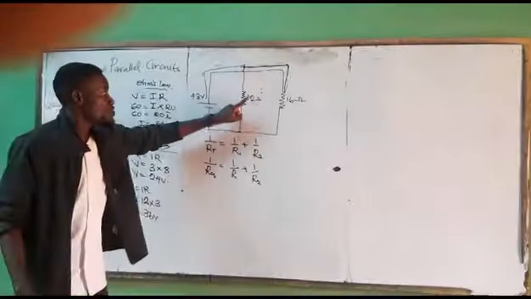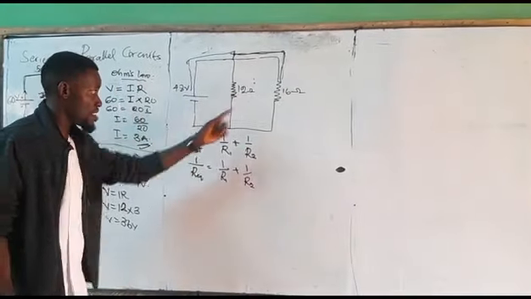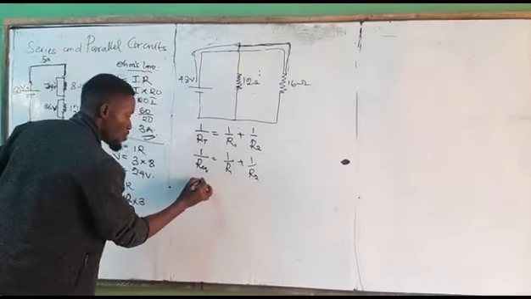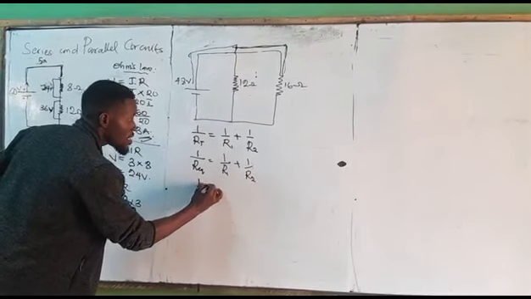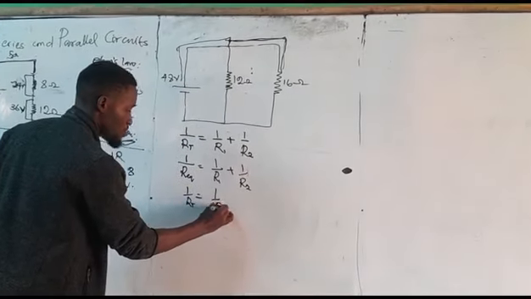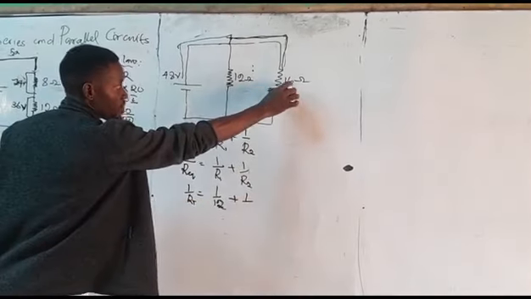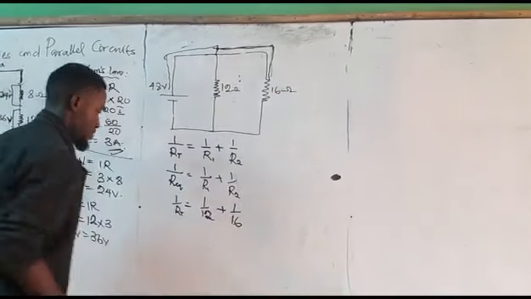So this is for resistance. Now for this circuit, we need to calculate first the total resistance in the circuit, which is in parallel. Now that will be 1 over RT equals 1 over the first resistance, which is 12 ohms, plus 1 over 16.